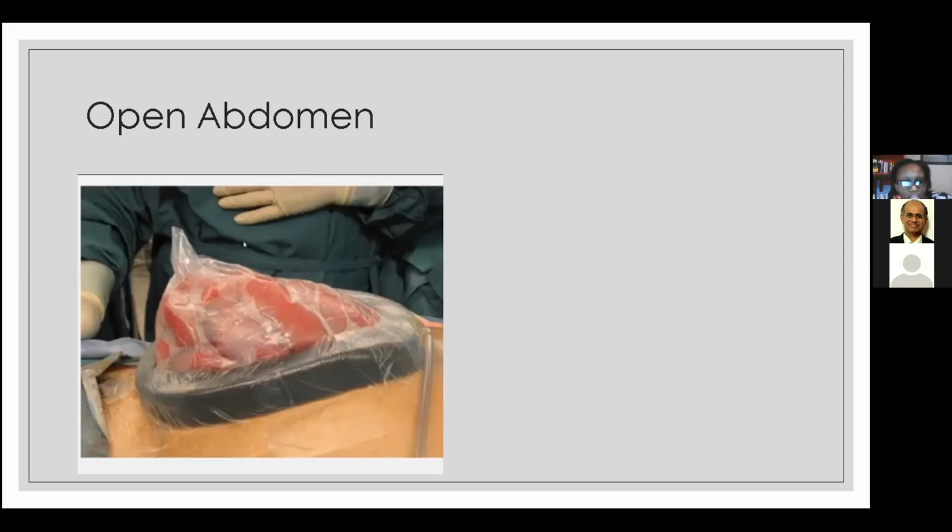Whereas with the other types of open abdomens, previously you couldn't see what was happening, like the towel clips, as well as the one where they used to just put a dressing over it. It could lead to more serosal tears as well as fistulas, and you don't really know what's happening inside.